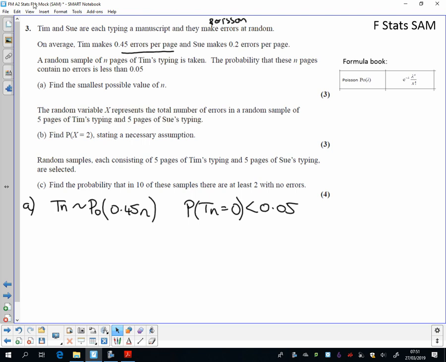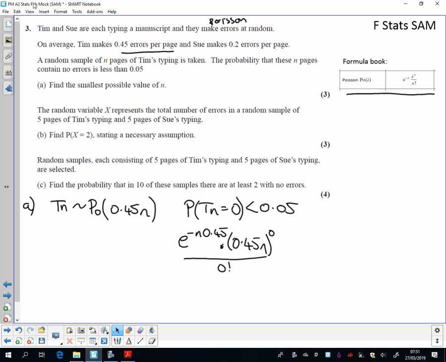So here, what I'd like to do is use the formula. In your formula book, you can find in the stats section the formula for the probability of equaling a value for a Poisson distribution. So using this formula, it's e to the minus lambda, then lambda to the power of x over x factorial.